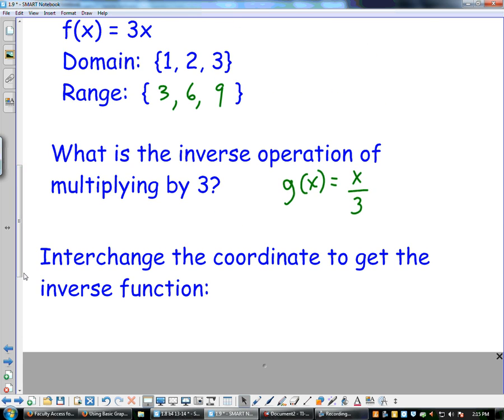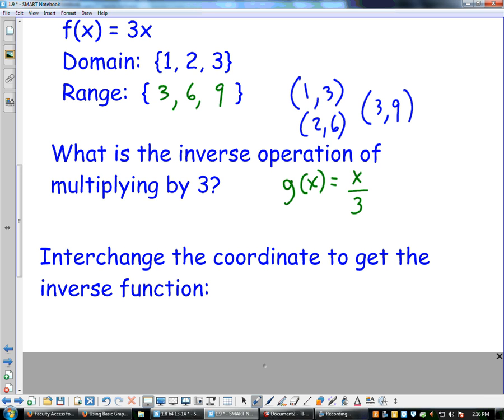And we could interchange the coordinates to get points on this inverse function. So we had on the original ordered pairs (1, 3), (2, 6), and (3, 9). What would be the corresponding ordered pairs on the inverse function? What ordered pairs would be on the inverse?